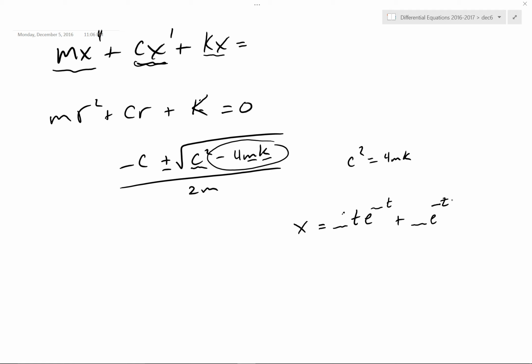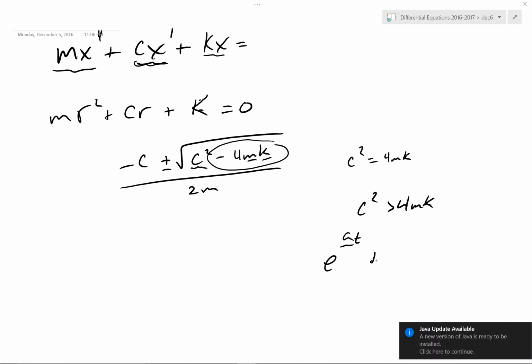Because it's the same value. Because it's the double root, right? So we know that. And then, of course, if c squared is bigger than those guys, then we get two real solutions, and so we know it's e to the something t plus e to the something else t, right, with constants here and here, and that's great.